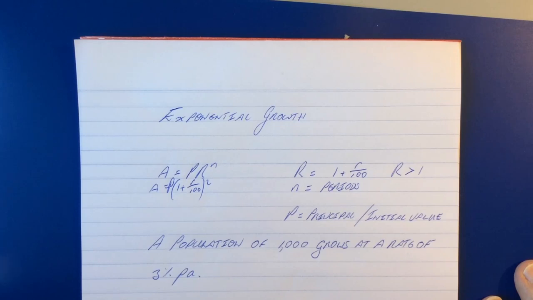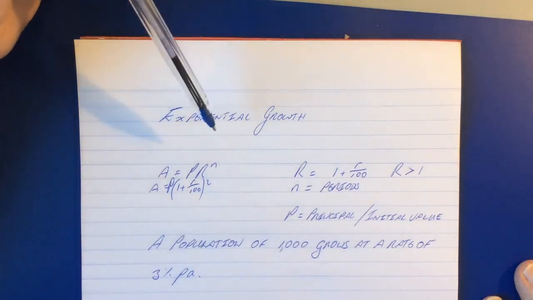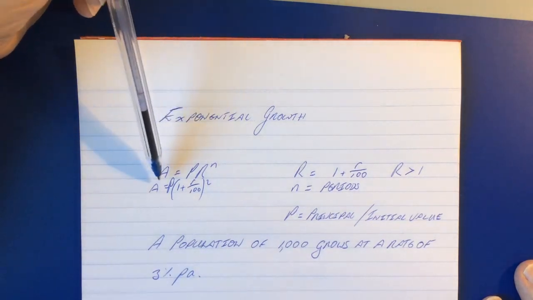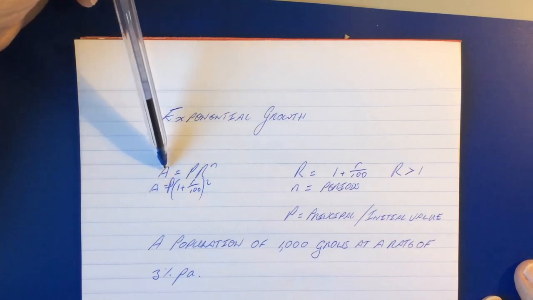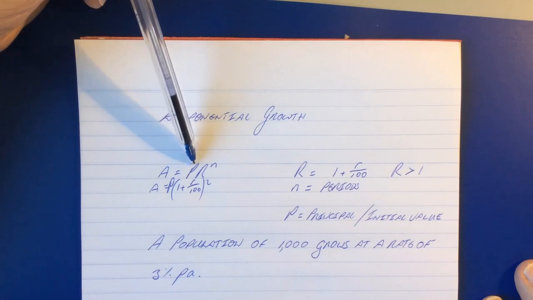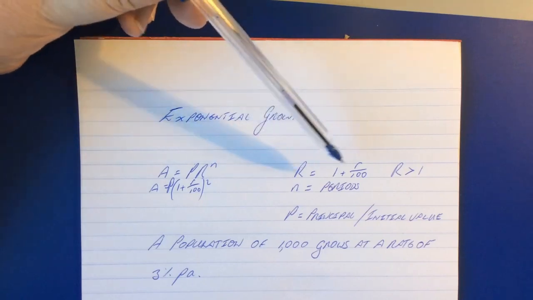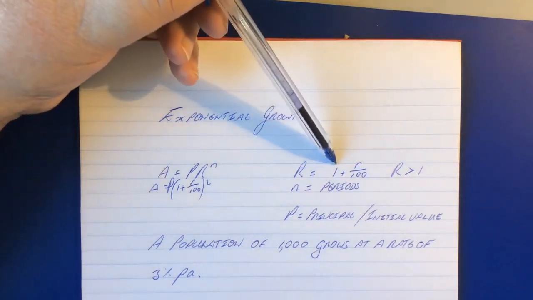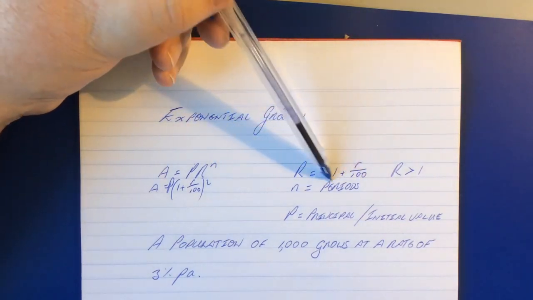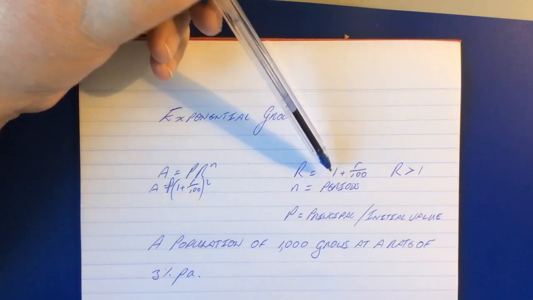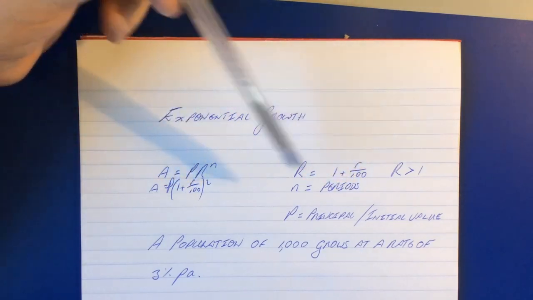Okay, so a couple of explanations. I've crowded the page a little bit and I apologize. A, which is our outcome, is equal to P, which is the principal or the initial value that we start with, principal in terms of money, initial value in terms of other things, times R to the N. Now R is this expression here, which you see in the bracket here.